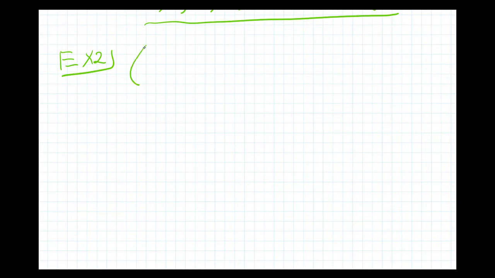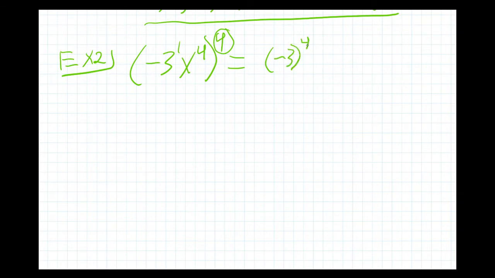Let's say I were to have negative 3 x to the fourth power all to the fourth. Well, again, I'm multiplying both of the exponents in here by a factor of 4. So negative 3 to the first power. I now have negative 3, the quantity to the fourth power, times x to the 4 times 4 power.